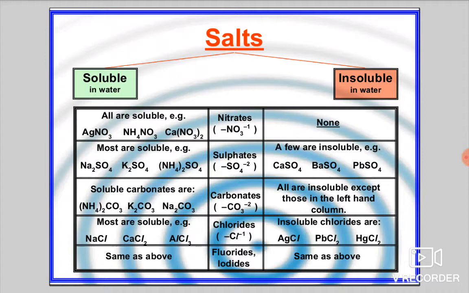The insoluble ones are Ag, lead, and mercury. Ag is silver. So all the chlorides except these insoluble ones, which are silver, lead, and mercury, are soluble, and the same goes for fluorides and iodides.